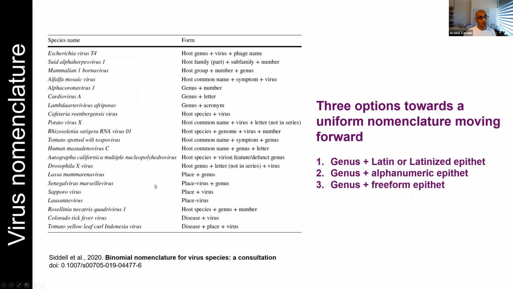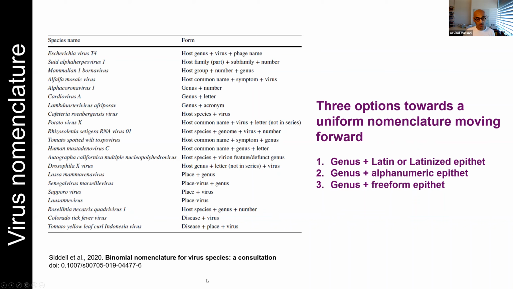And also when it comes to naming the species, there are variations. Here are some examples of different variations in virus species names, ranging from something like potato virus X, which is a host name with the virus and then a letter, to place names with a genus. So there is no universal format here. And with that, a proposal has been put forward to the community, which is one of these 3 options. We go into a binomial format where the epithet can be either Latinized or Latin, alphanumerical, or free form.